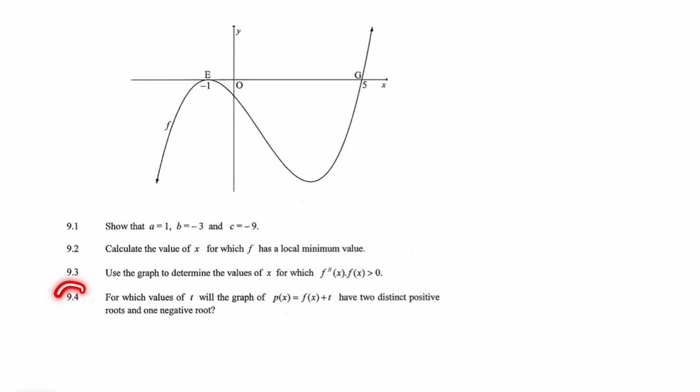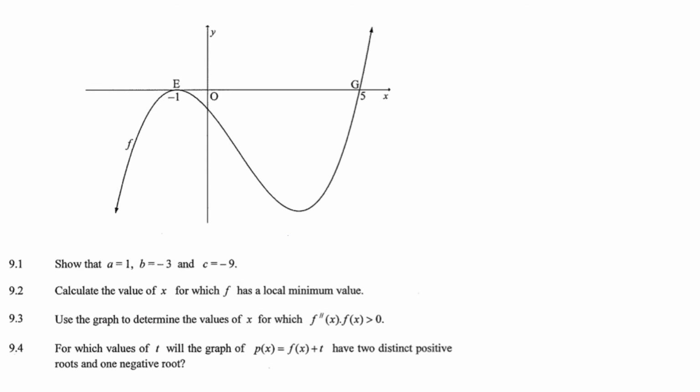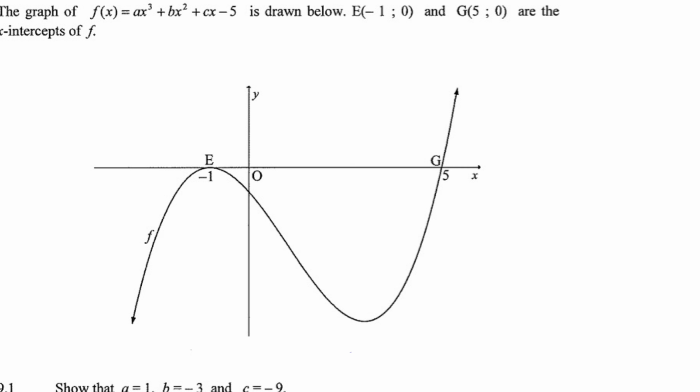Question 9.4. For which values of t will the graph of p x, which is f x plus t, have two distinct positive roots and one negative root? So let us inspect our function. Here we have f x. We know that f x has a negative root and a positive root.